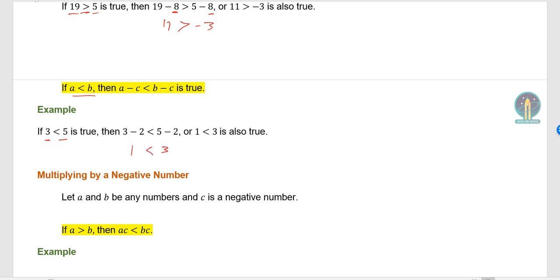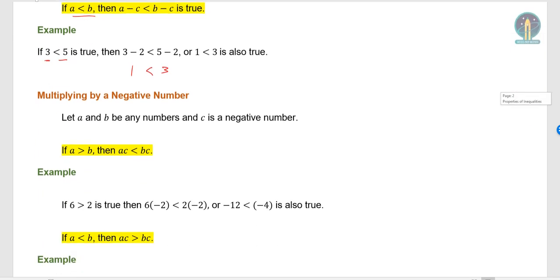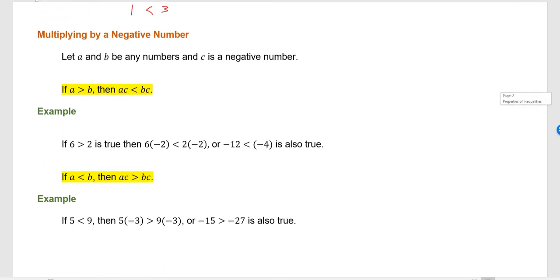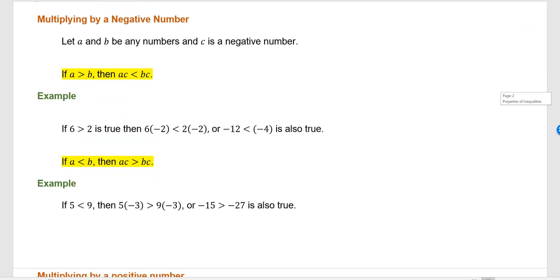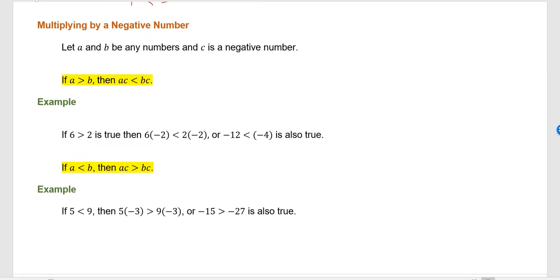Okay, another property of inequalities, and this one can seem a little tricky, but you just have to understand the gist of it and keep it in mind. Multiplying by a negative number is a property for inequalities that requires that when you multiply by the negative number, you actually flip the inequality sign.